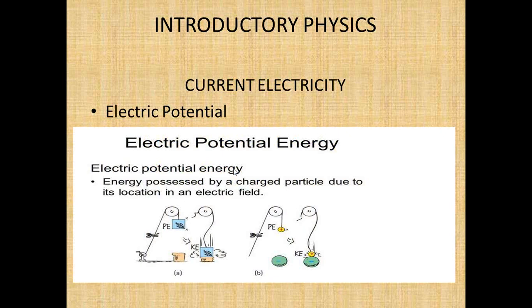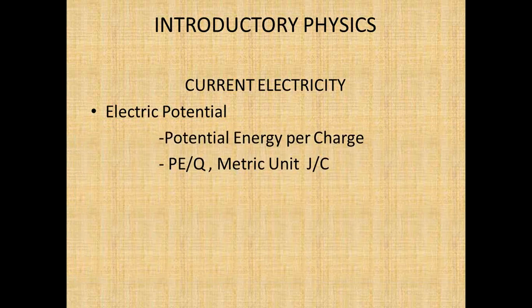So we established the definition for electric potential: it's just potential energy per unit charge. We say it's P, potential energy, divided by Q, which is charge. So the metric unit for electric potential is joules per coulomb.